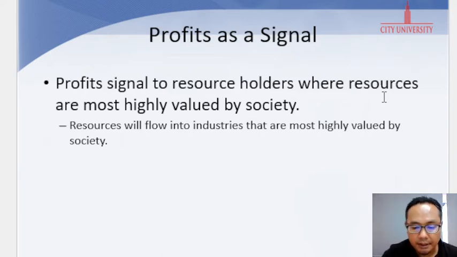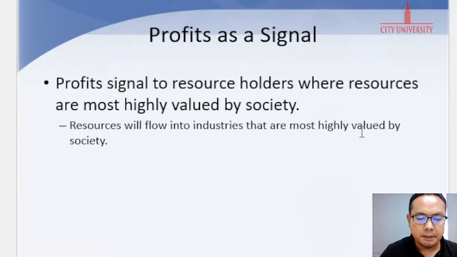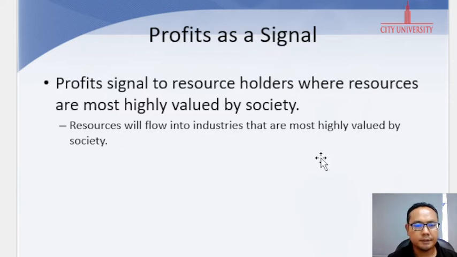However, some scholars will argue that profit is a signal to resource holders of where resources are most highly valued by society, and resources will flow into industries that are most highly valued by society.